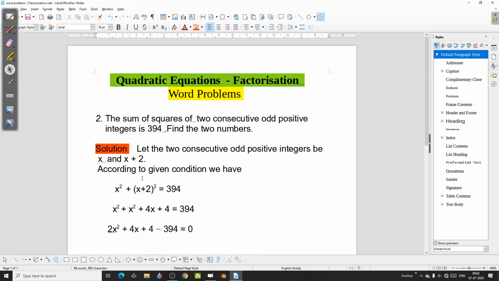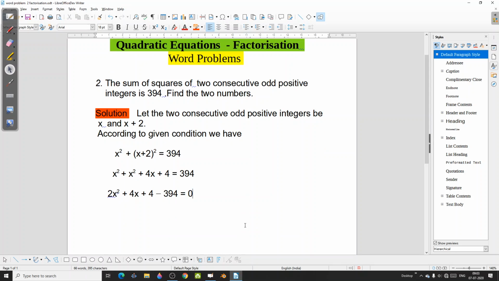Why? Because we always bring the constant from the right hand side to the left hand side so that our quadratic equation is in the standard form. Next we will further simplify it. 4 minus 394 will give you minus 390.